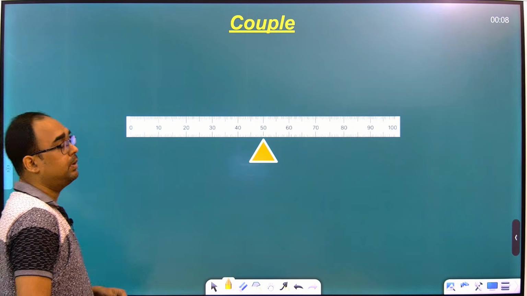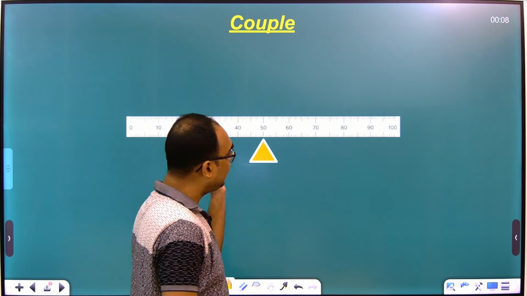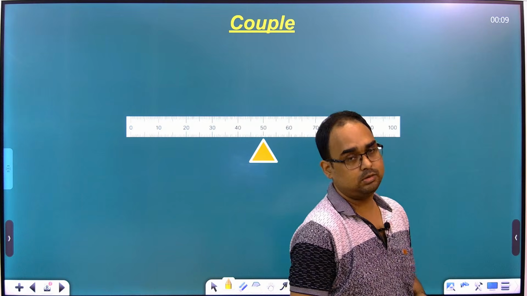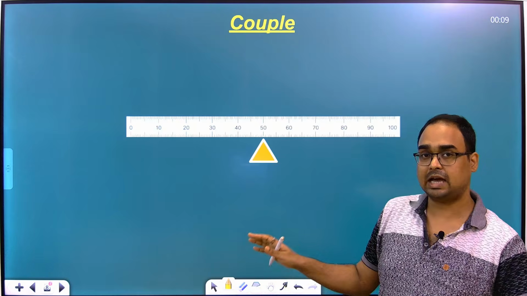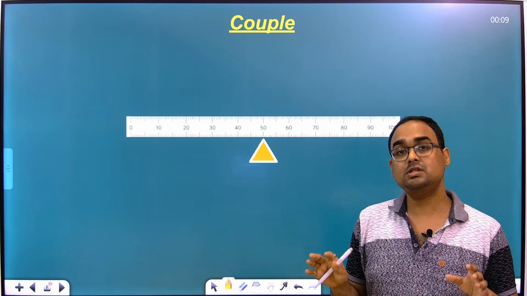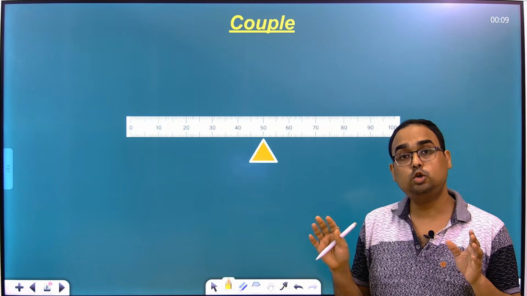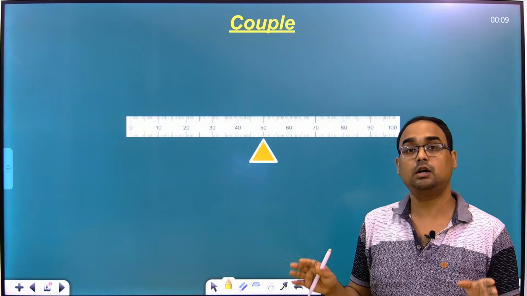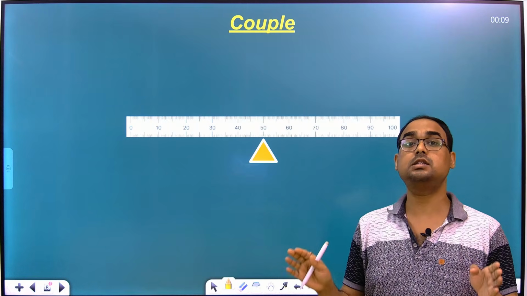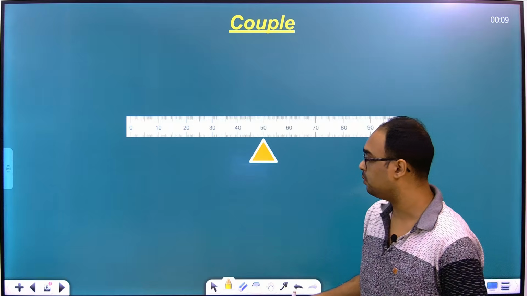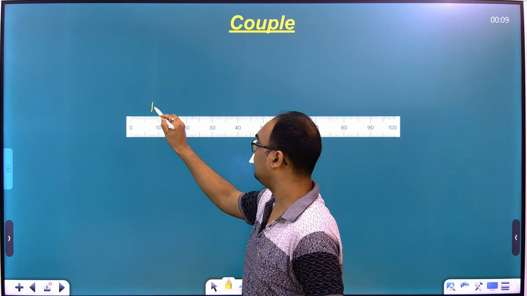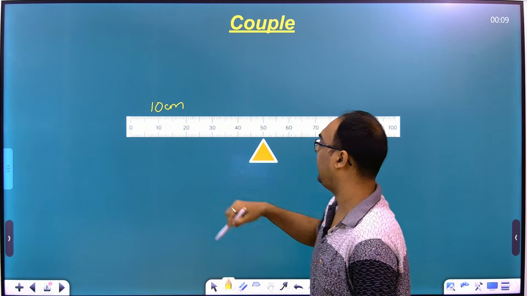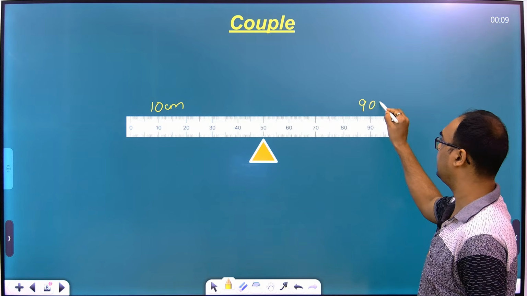It is a couple. What is a couple? Again I have taken a 100 centimeter scale, marked from 0 to 100. In this case, I will apply two similar forces on two ends of the ruler, at equal distance from the fulcrum. Let's assume I am applying at the 10 centimeter mark and at the 90 centimeter mark.